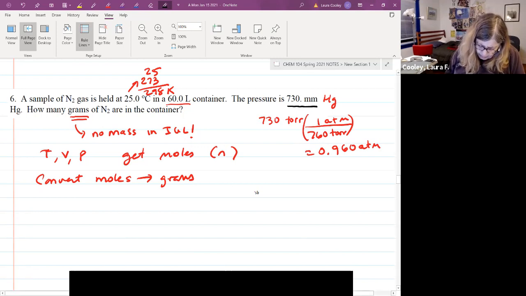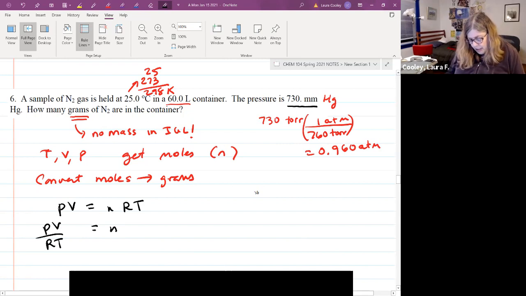So we have PV equals nRT, and we are solving for the moles. n equals PV over RT. Now, I have to tell you that many students make a mistake, and they'll tell me that n is RT over PV, but you won't do that, right? Good.